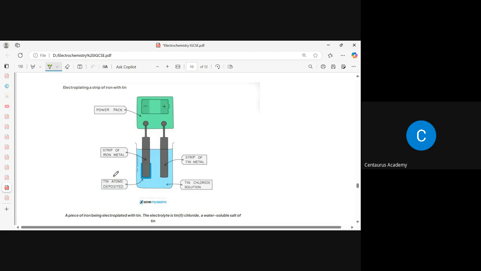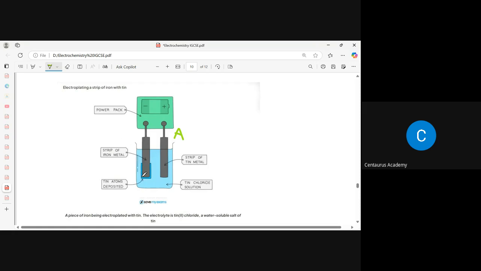Okay, Zoya. Yes. Okay, now look into this one here. Now you see that there are two different strips of metals. There is tin, which is placed onto the positive terminal of the battery, which means this is your anode. This is the metal which is going to be electroplated onto another metal.